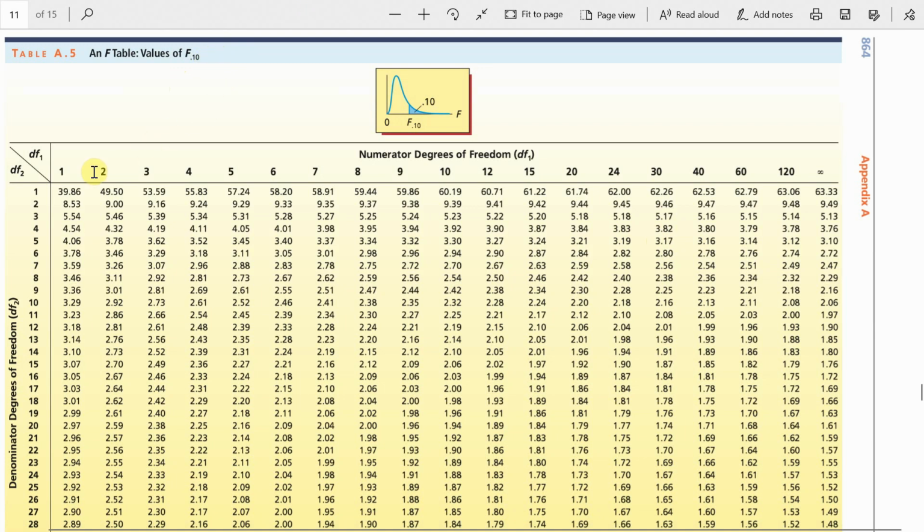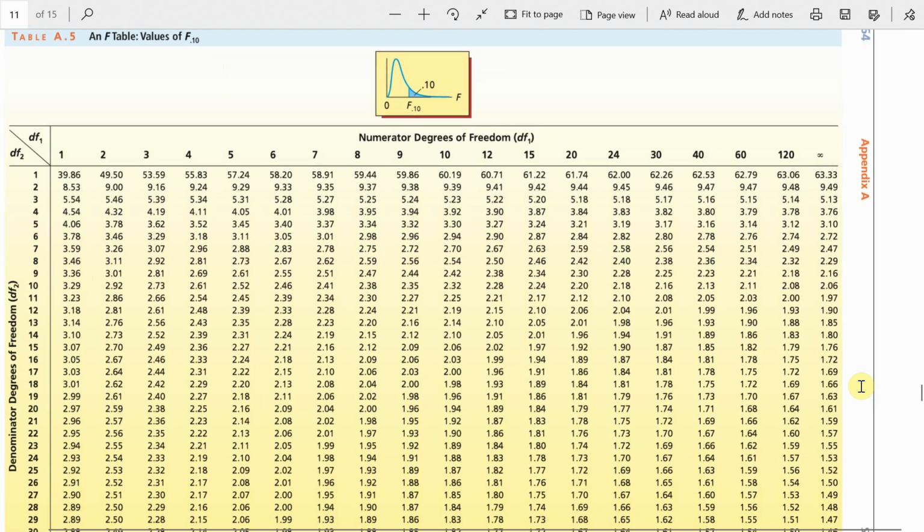And I'm going to try to find a combination of df1 equals 1 and df2 equals 8. And so here the F value that I find is 3.46. It is not remotely close to the 122 and some odd that I found for my test statistic F. This means that my p-value is clearly smaller than 0.1.